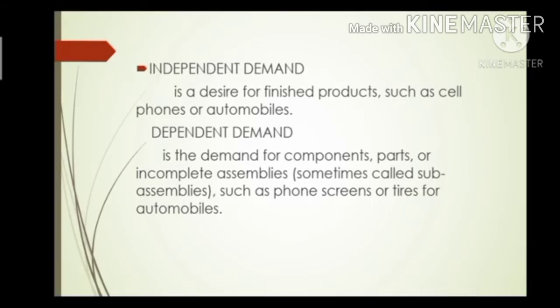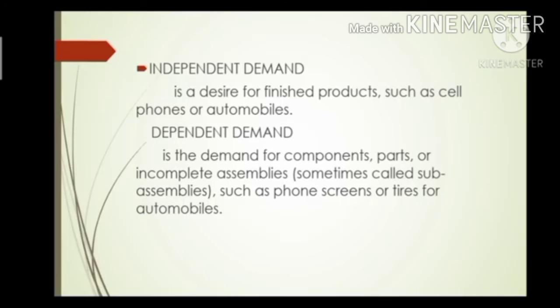You determine quantities for the dependent demand by determining quantities for the independent demand. For example, if you forecast your independent demand for the number of completely assembled cell phones that you expect to sell, you can forecast the quantities of your dependent demand materials, such as your screens, processors, batteries, and antennas.